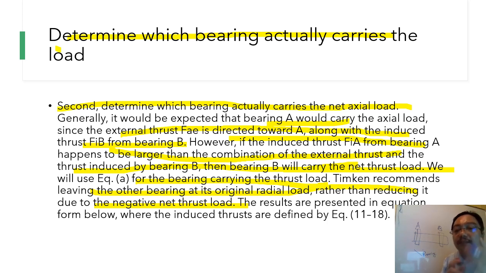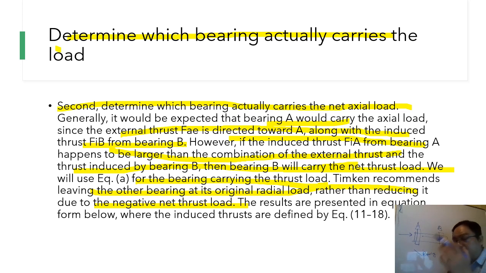However, sometimes the thrust from bearing A happens to be larger than the combination of the thrust. If the thrust given here is so large that it affects B, then B will carry the load. Sometimes it happens like that.